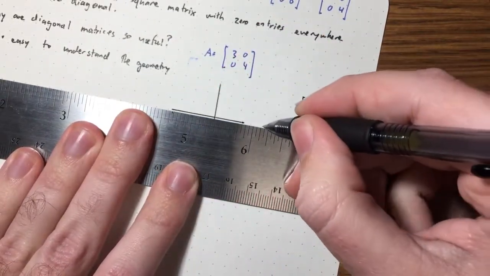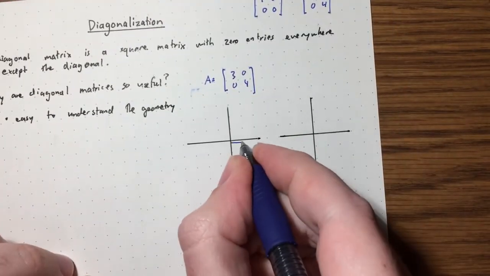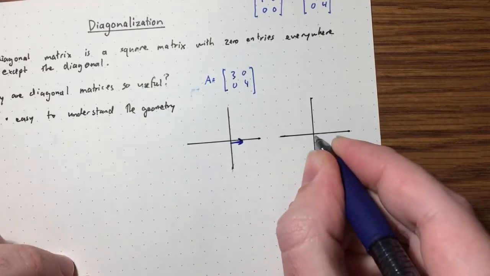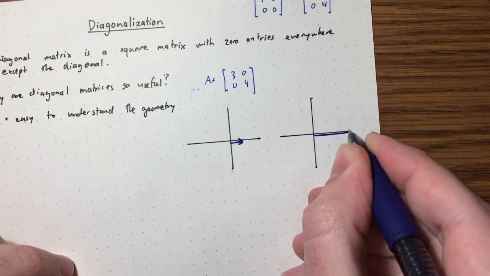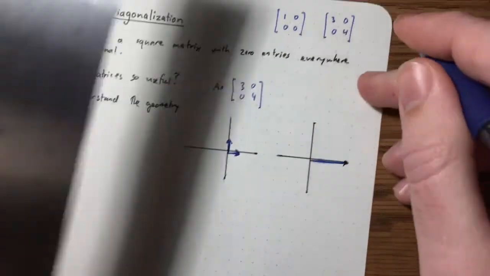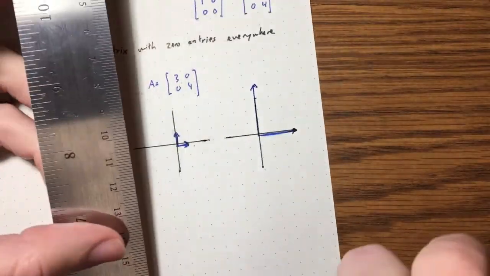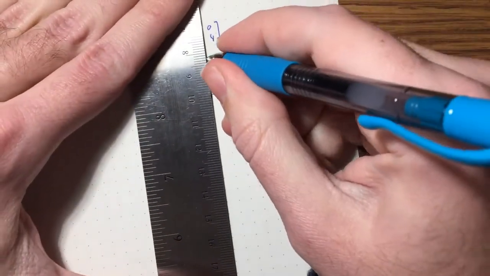Well, what it's doing is it's taking 1, 0 to 3, 0, right? And it's taking 0, 1 to 0, 4.